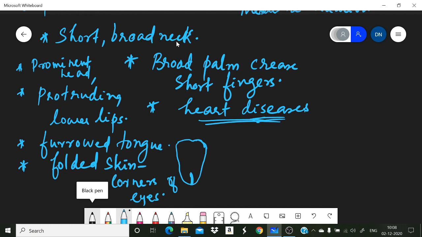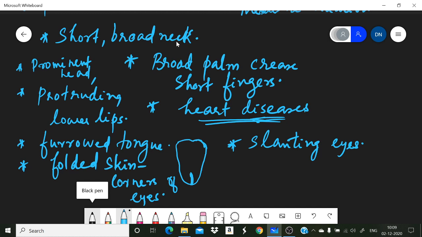So all these are characteristic features or symptoms of Down syndrome, the individuals with Down syndrome. And always slanting eyes. So these are the examples. This is one example of an autosomal genetic disorder, that is Down syndrome, and these are its symptoms.